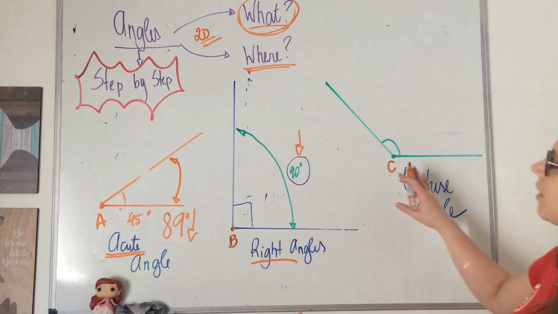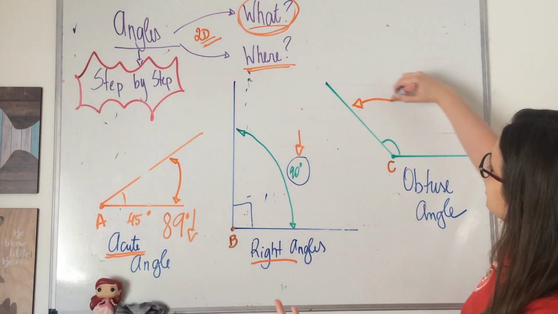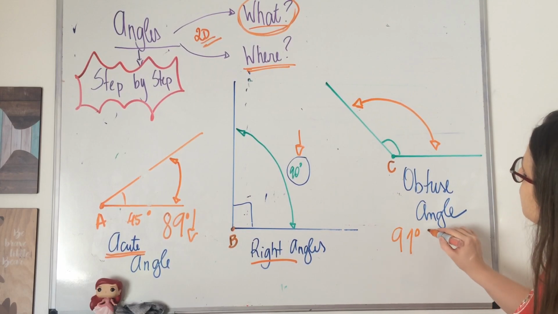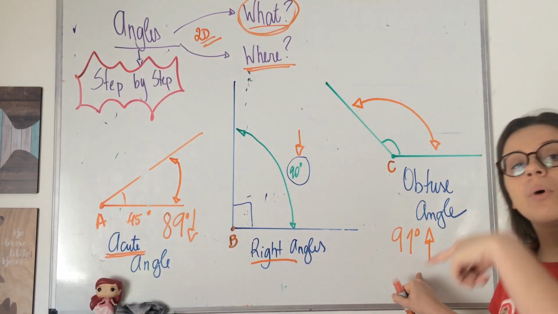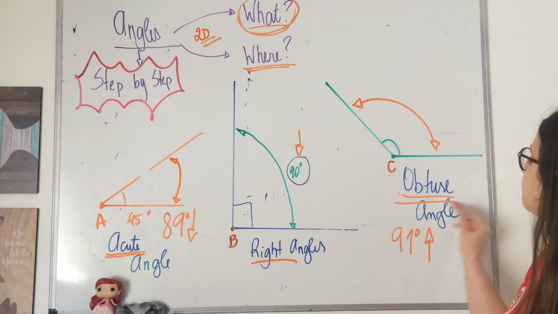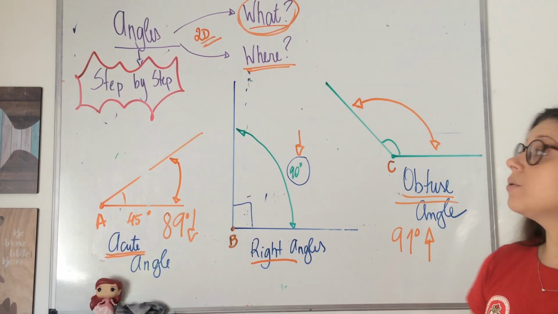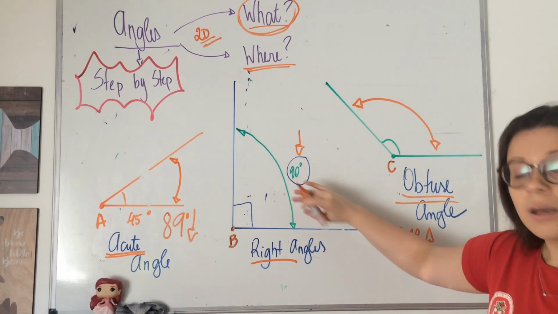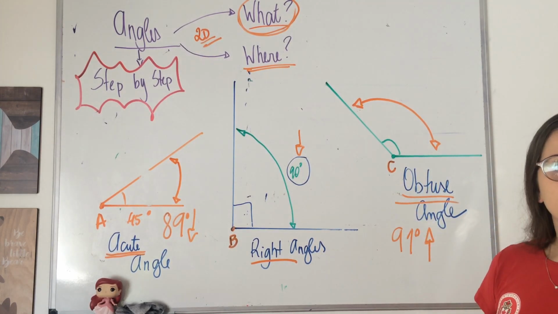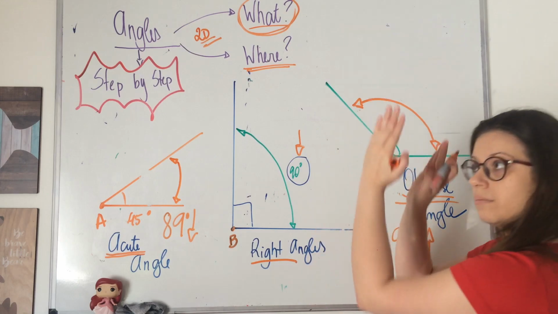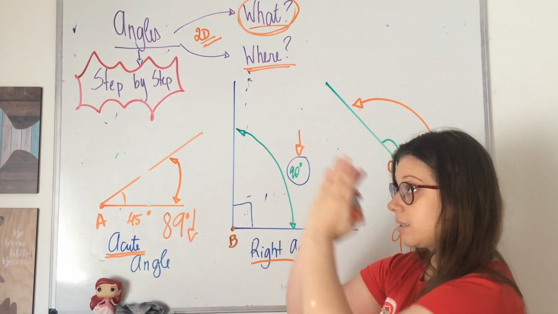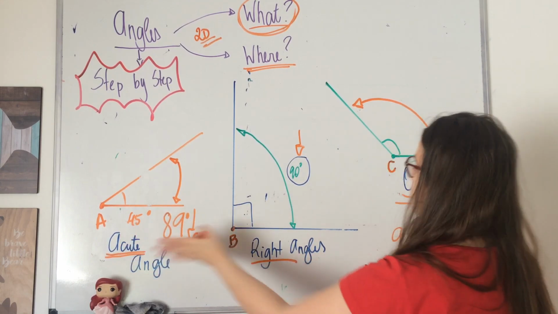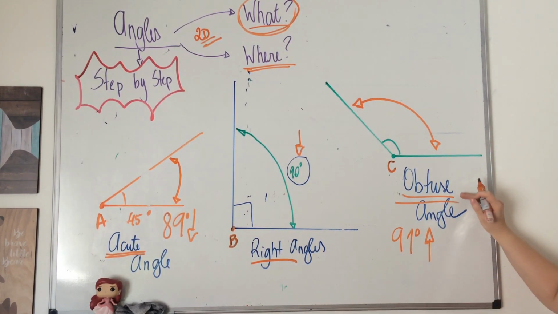So, all the angles in which the distance between the lines is 91 degrees or more, we call an obtuse angle. So if the distance between the lines is more than 90, I call it obtuse. So 90 degrees, right angle, is my guide, is my north. Less than 90, acute. More than 90, obtuse.